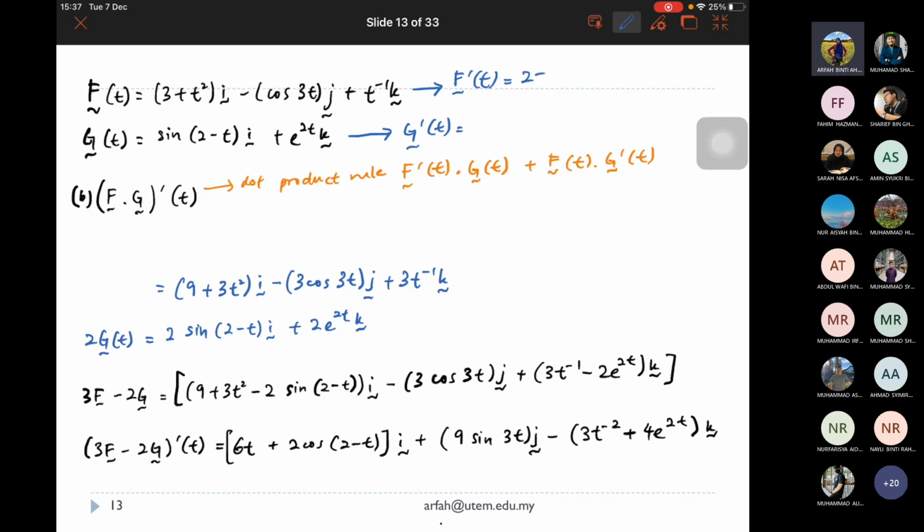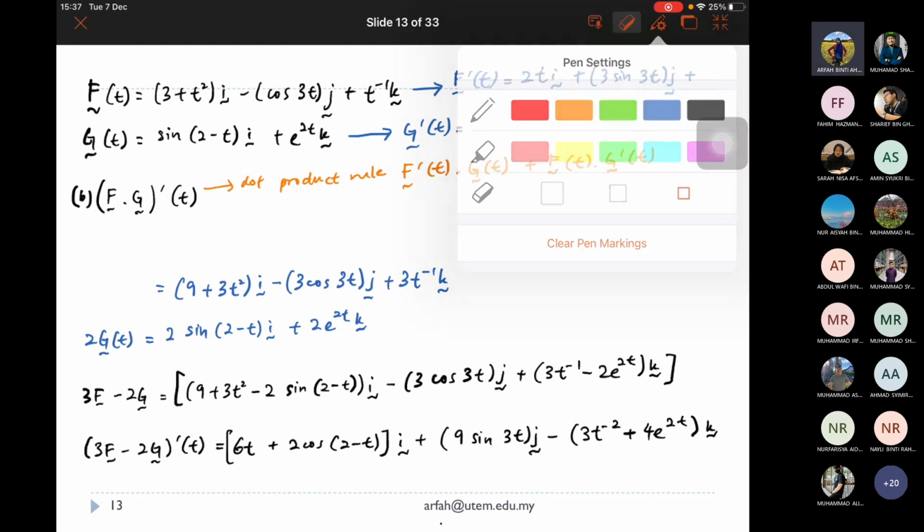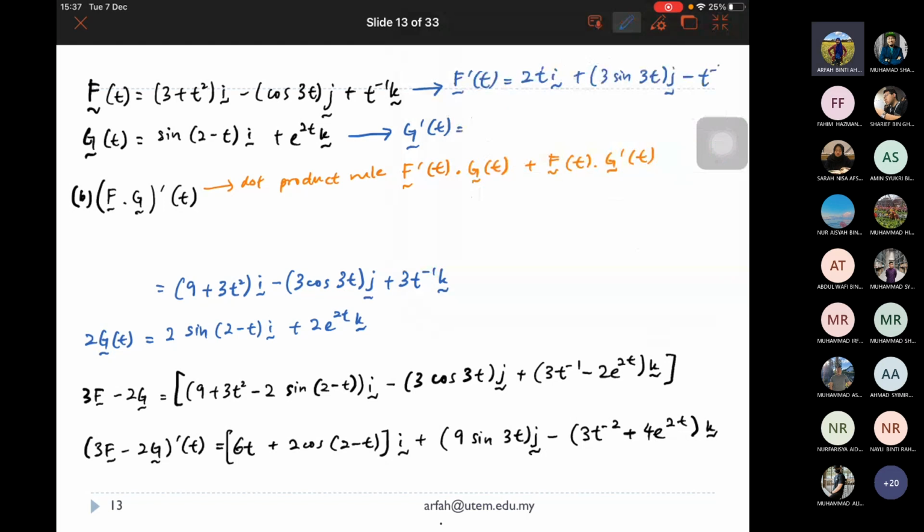You will get this 2Ti minus cos 3T akan jadi plus 3 sin 3T J, plus dia akan jadi minus T negatif 2K.